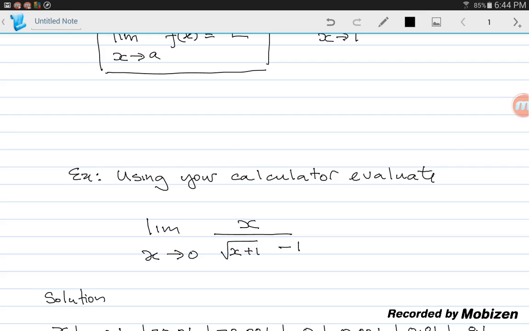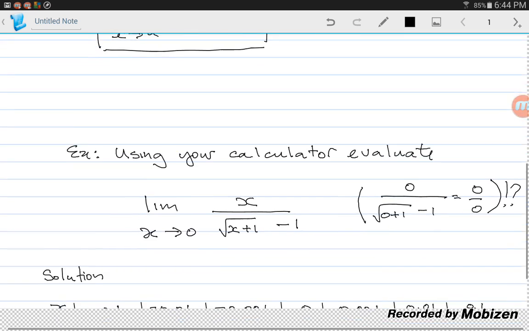So we can now try this example. You can do it using your calculator. Evaluate the limit as x tends to 0 of this function, x divided by the square root of x plus 1 minus 1. We note that if I substitute x equal to 0, I get 0 divided by the square root of 0 plus 1 minus 1, which again gives me an indeterminate result.